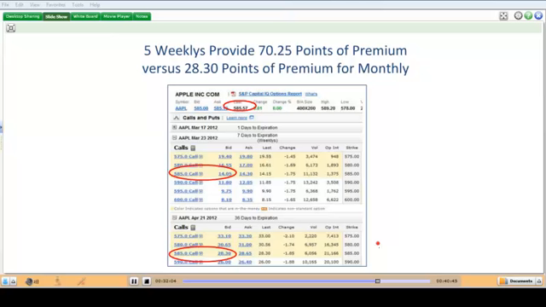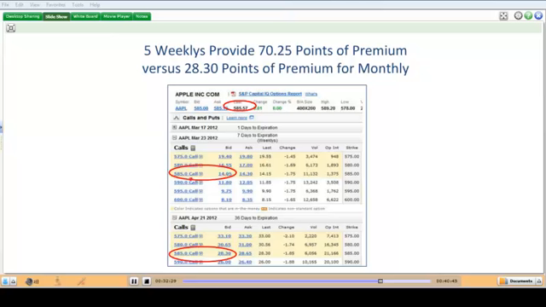So what I did is I took a snapshot. This is an option chain for Apple. It was trading at 585.57. So if you were to sell the weekly call option, which expired in 7 days, if you were to sell the weekly 585 strike call, if you just sold it on the bid price, you'd get 1405.